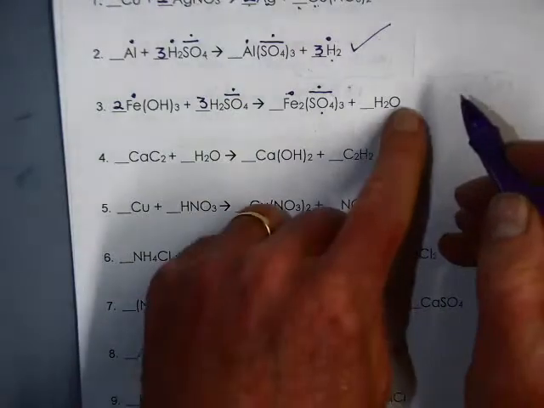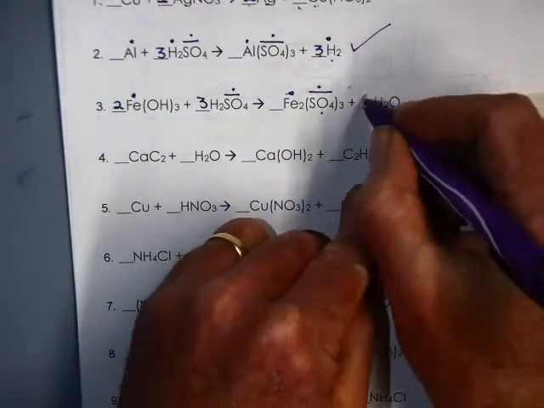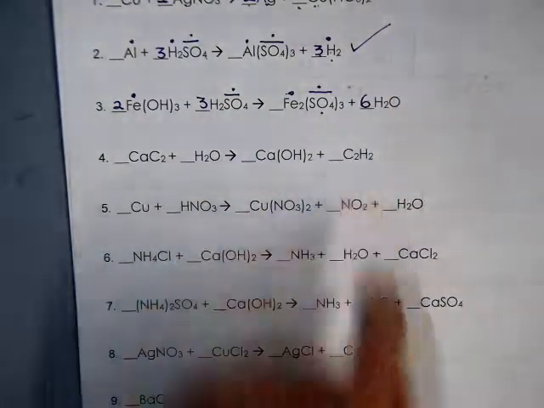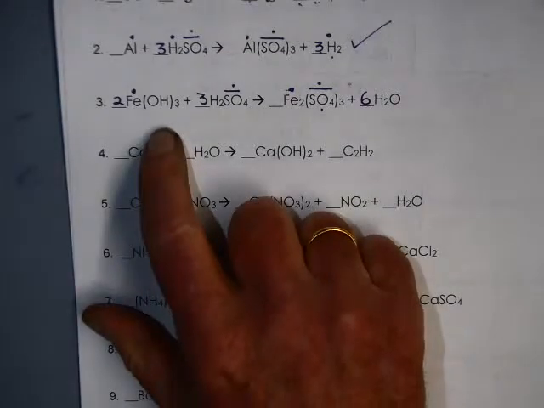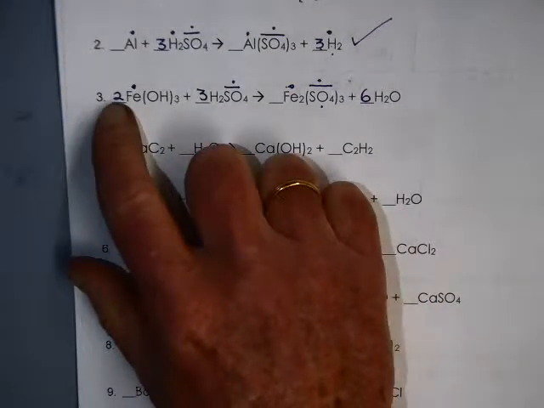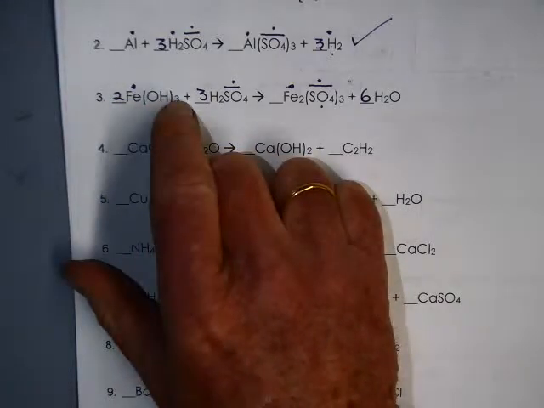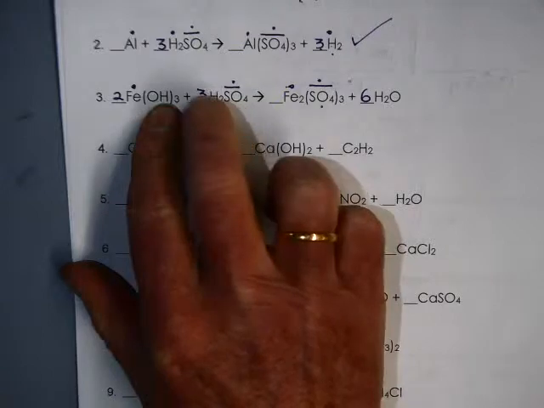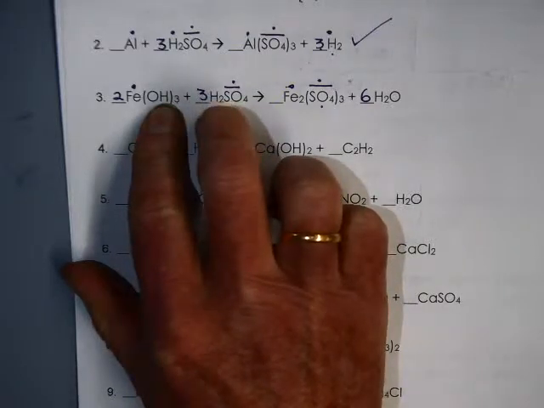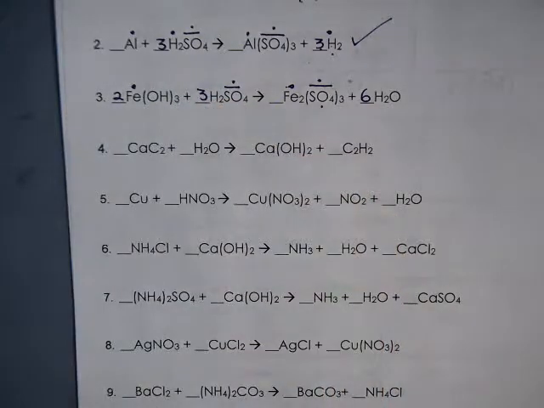I'm going to balance the oxygens. I'm going to put a 6 there. Check this out. How many hydrogens do I have over here? 2 times 3 is 6. 3 times 2 is 6. 6 and 6 is?